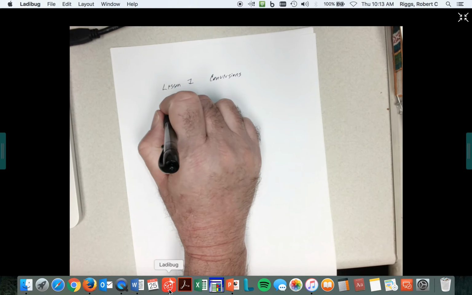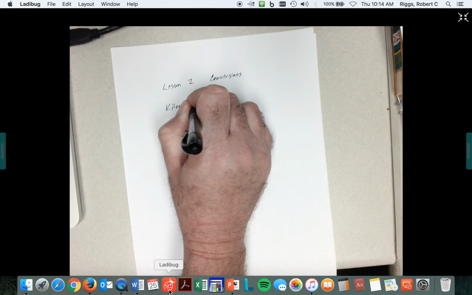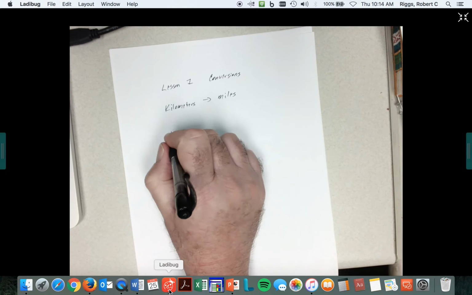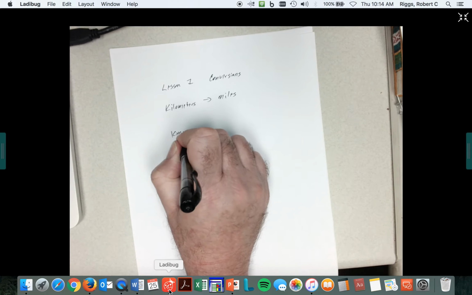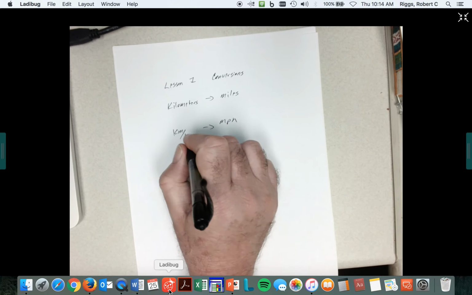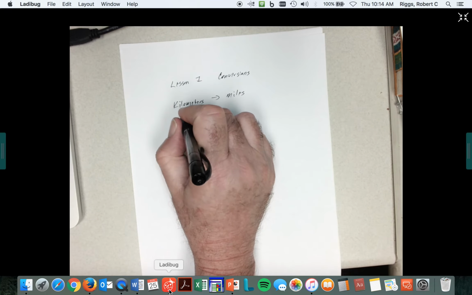To convert kilometers per hour to miles per hour, since the hours are in the denominator on both of them, you can do it. The way is real simple. You take 100.